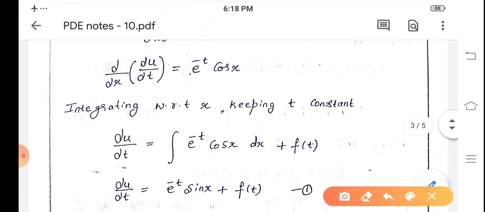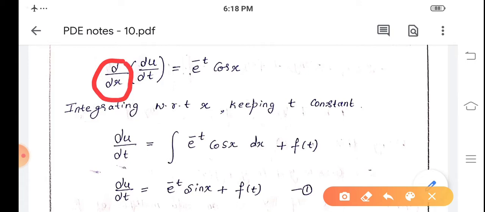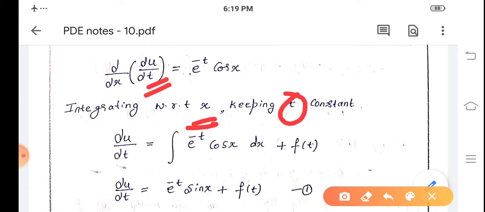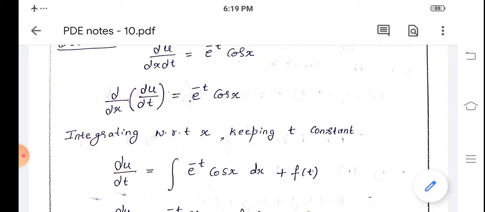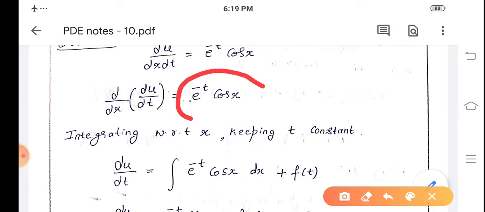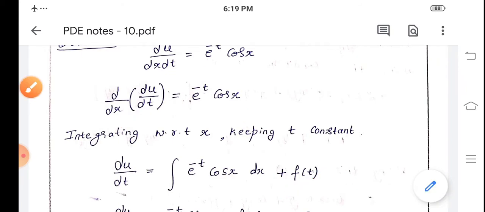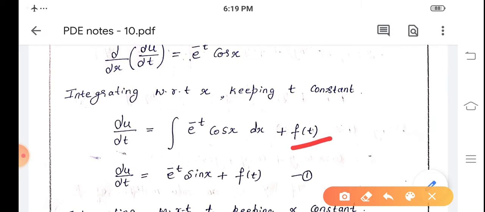Now in the first step we integrate with respect to x, keeping t constant. We write ∂u/∂t = ∫ e^(-t) cos x dx plus a constant term. The integration constant is a function of the other variable, that is f(t).